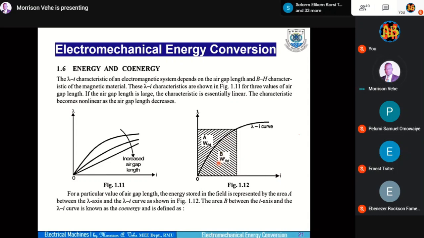This region is what we refer to as the co-energy.